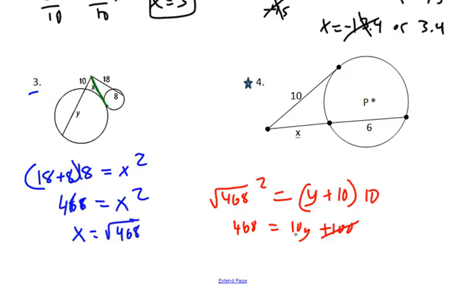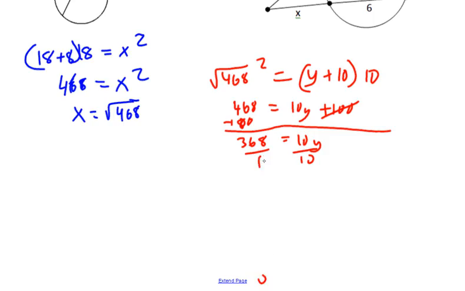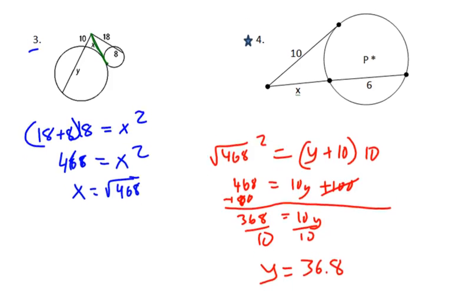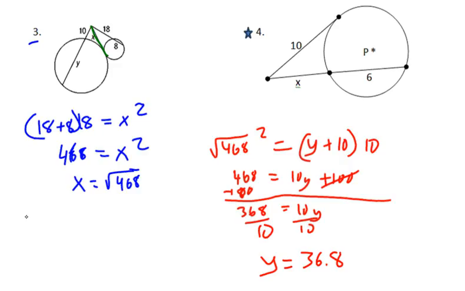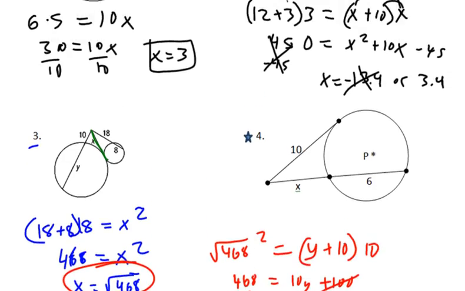Subtract 100 from both sides. 10y is equal to 368. And you divide 368 by 10, you get 36.8 for the y value. And again, looking at it, that actually looks pretty accurate. So that's the last one we're going to do.